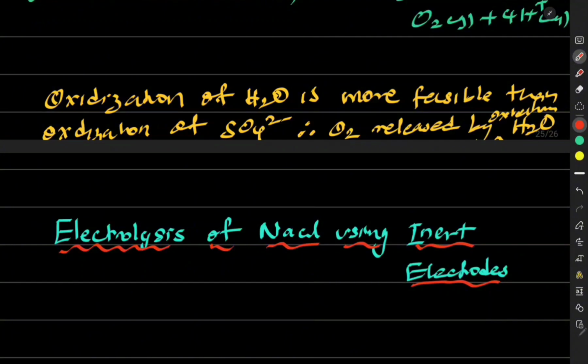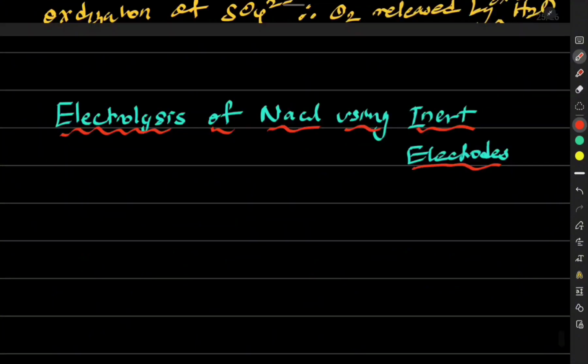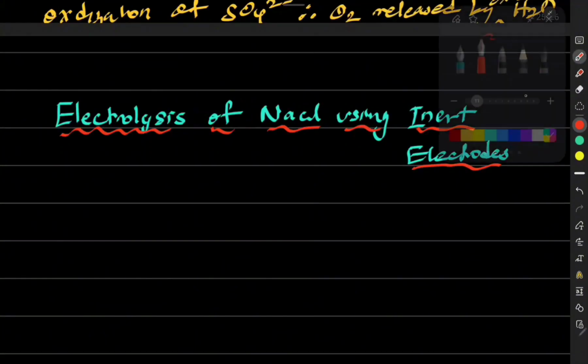First, we should find which electrode undergoes oxidation and which undergoes reduction. By comparing them, we can predict the final product.